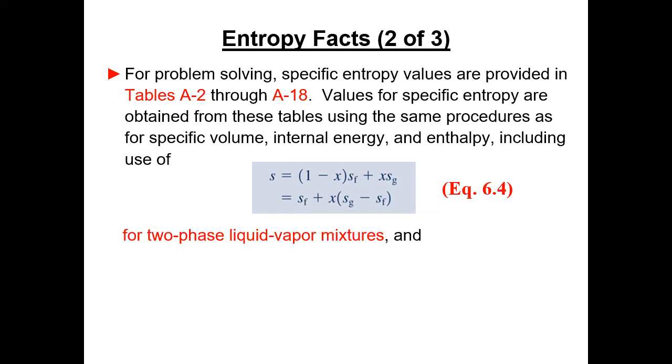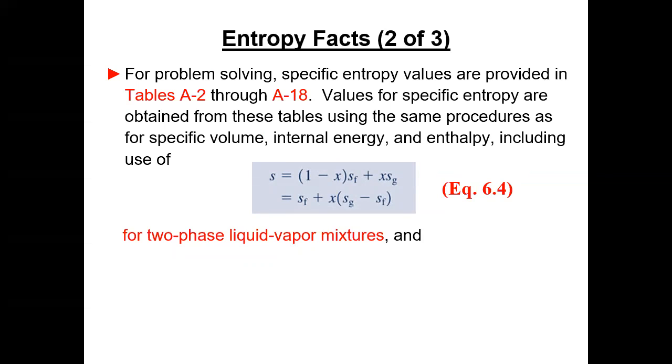So 1 minus X is the fraction that is liquid, times the specific entropy of the saturated liquid, which is what that little f denotes. Plus X, the portion that's vapor, times the specific entropy of the gas or the vapor. Those are the subscripts that the authors have chosen to use.